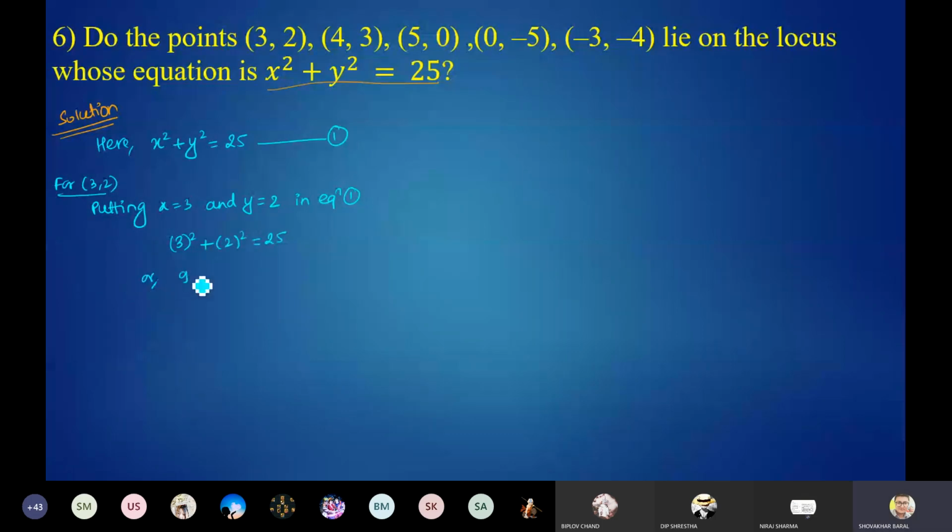Simplify it: 9 plus 4 is equal to 25, 13 is equal to 25. This is false. So if it is false, then this point does not lie on the locus. Therefore, 3, 2 does not lie on the locus.